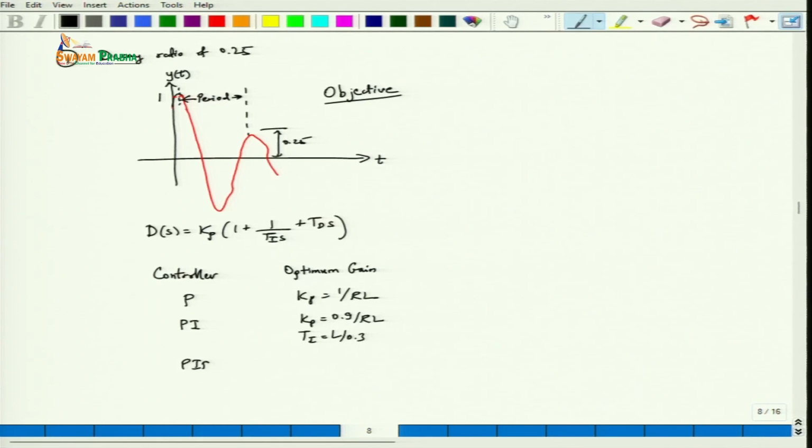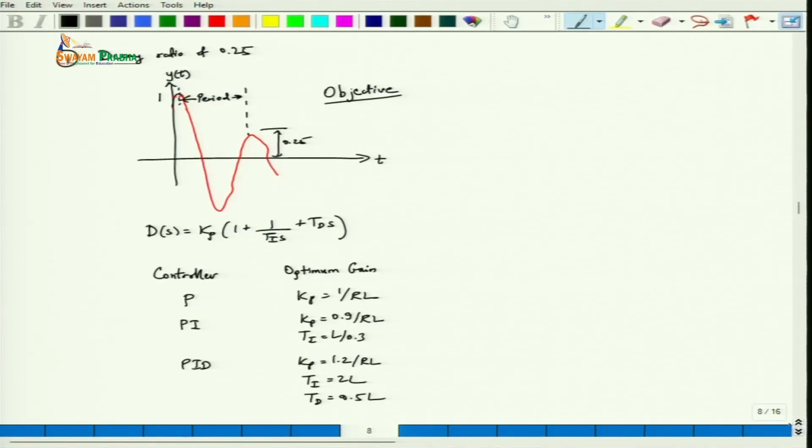And finally for PID, Kp is equal to 1.2 divided by RL, Ti is 2L and Td is 0.5 L. So this is the optimal set of gains for these different types of controllers which were prescribed by Ziegler and Nichols with this particular objective of a decay ratio in mind. So this is one of the methods, which is denoted by the decay ratio of 0.25.